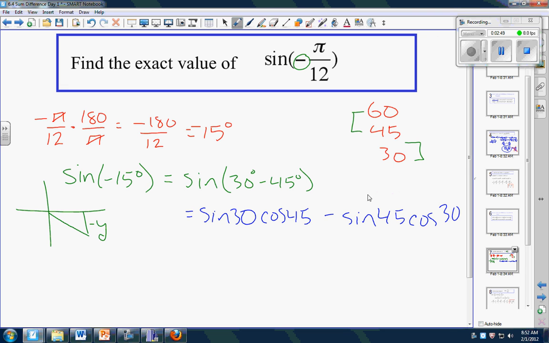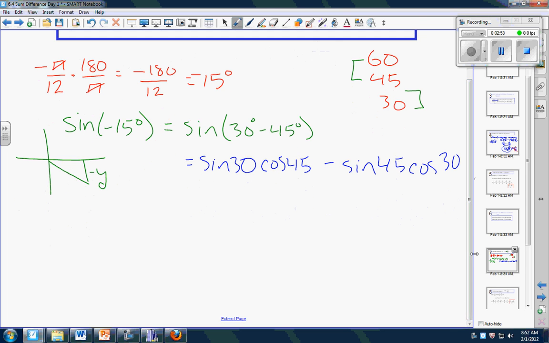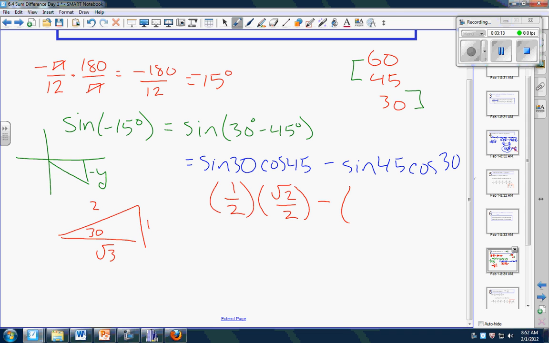Now, we need our triangles, and all we got to do is plug in some values. So if we make this a 30, here's your 1, 2, square root of 3. So sine of 30 comes out to 1/2. 45s are always nice because we know those values. 45 again.